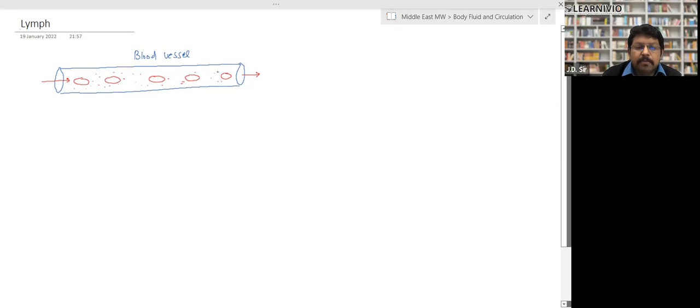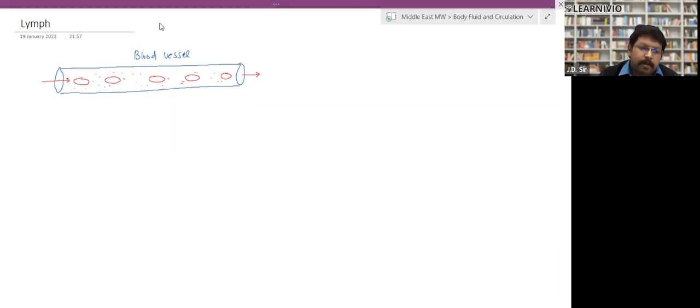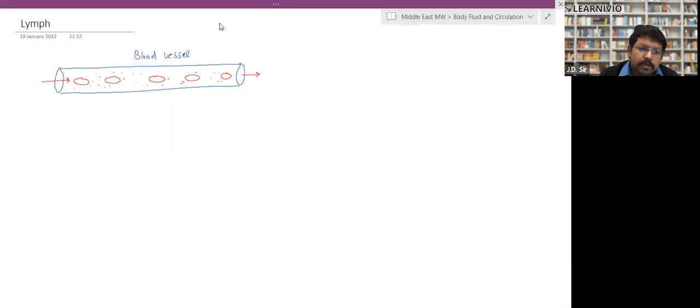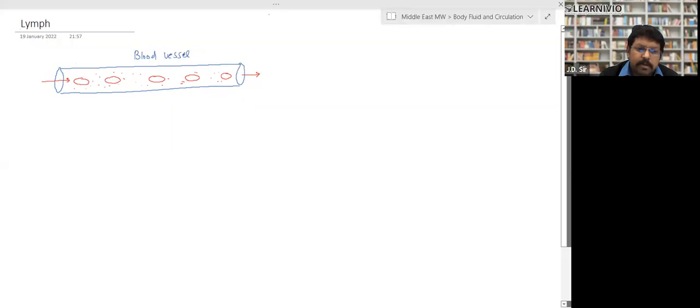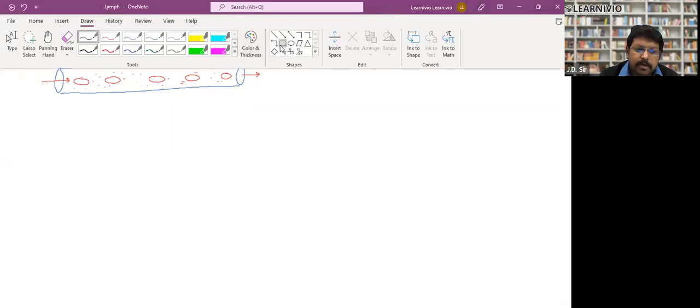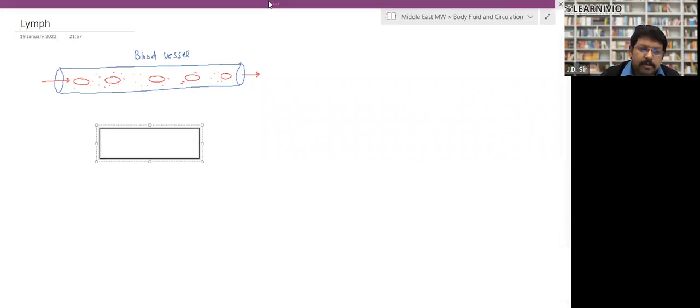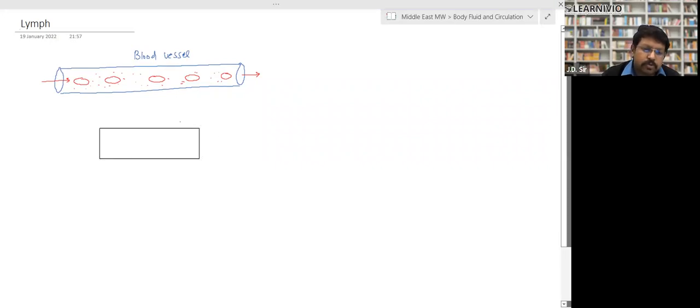But you know, these blood vessels are not completely impermeable. One more thing: for the sake of example, we have a tissue. Suppose this is a cell, or tissue.